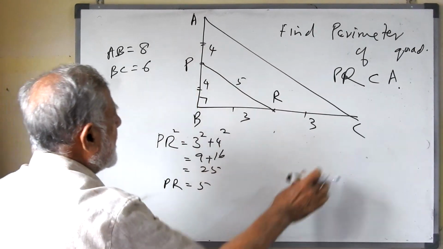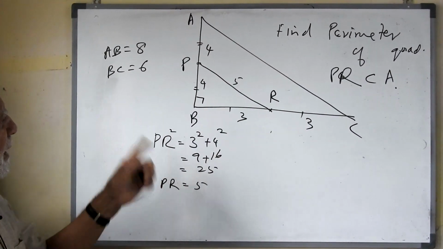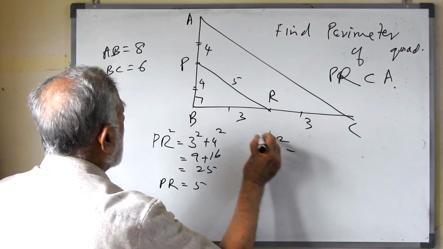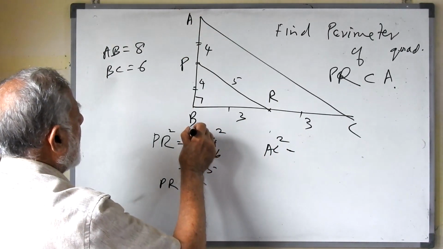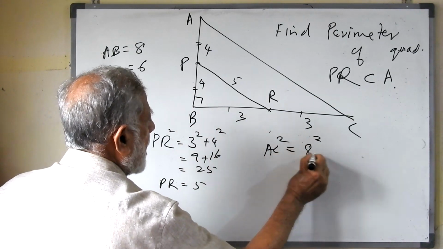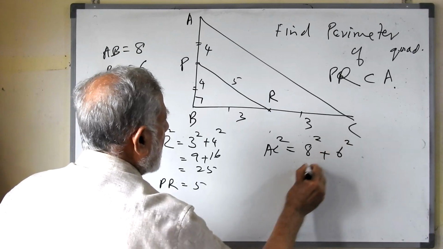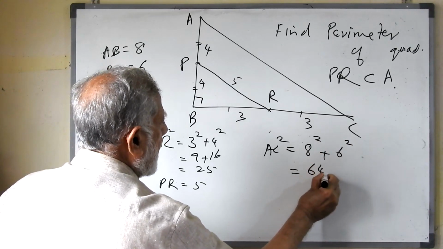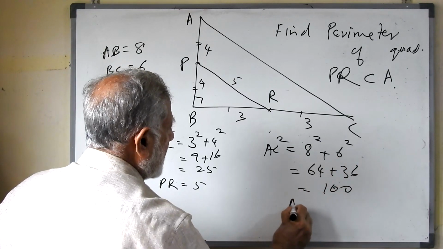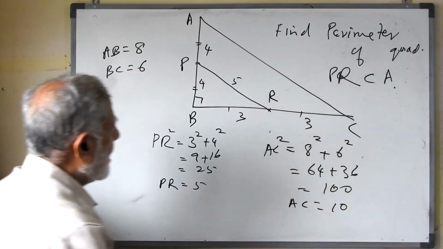Now, we have to find AC. For AC, we take the big triangle. AC squared is equal to AB squared plus BC squared, that is 8 squared plus 6 squared, which is 64 plus 36, equal to 100. So, AC is equal to 10.